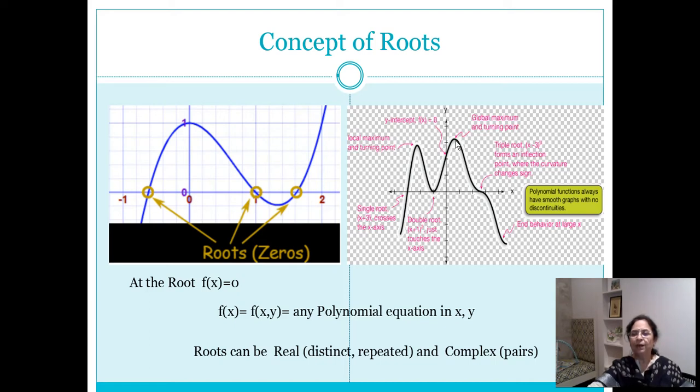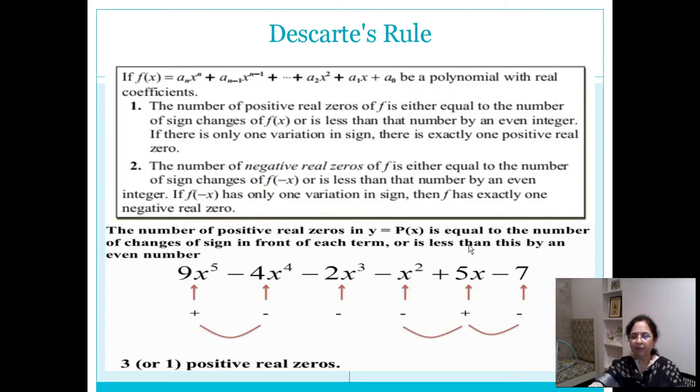Similarly, in this graph we can see that there is an intersection with the y-axis which is called the y-intercept, and this corresponds to x equal to 0. These two peaks are shown as local maximum point or global maximum point, which can also be obtained from the given polynomial expression. Our interest is to understand what we mean by roots.